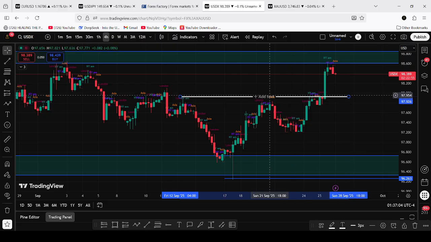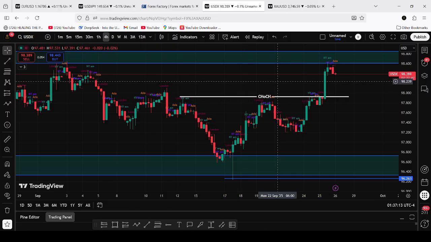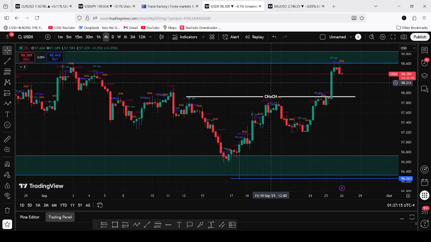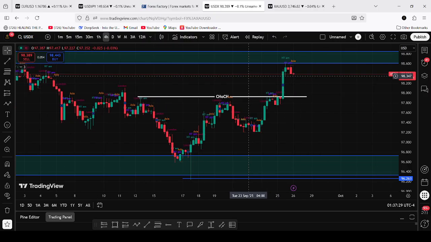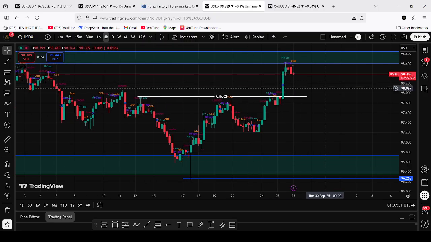At this zone, we can see a change of character. So we are waiting for the market to form a break of structure for us to be sure that the market is really going on the upside. That's how you know that the price is trying to reverse direction. It has already formed a change of character.